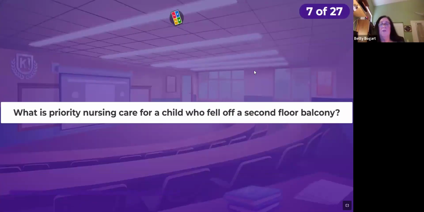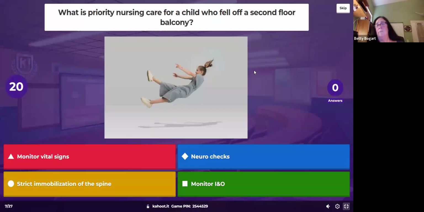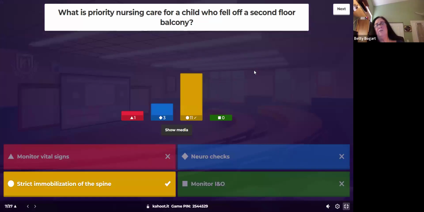What is priority nursing care for a child who fell off a second floor balcony? So you get a child who's fallen off of something, and I've actually seen 3 kids in my 10 years of career falling off a second floor balcony. I've seen 3 different outcomes. One not good, one surgery and long-term recovery, and one that I don't even know how they jumped off and there was barely anything that happened to them.